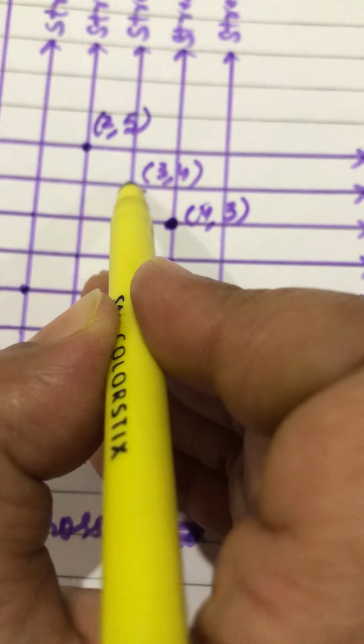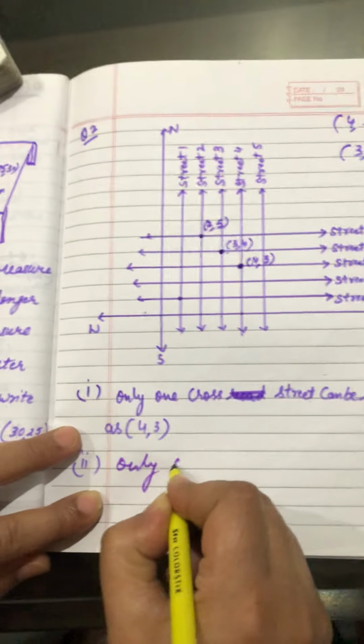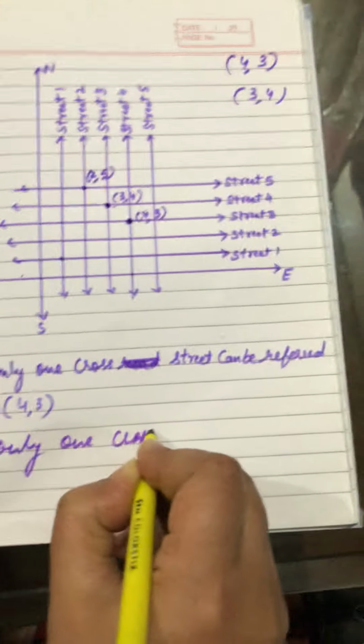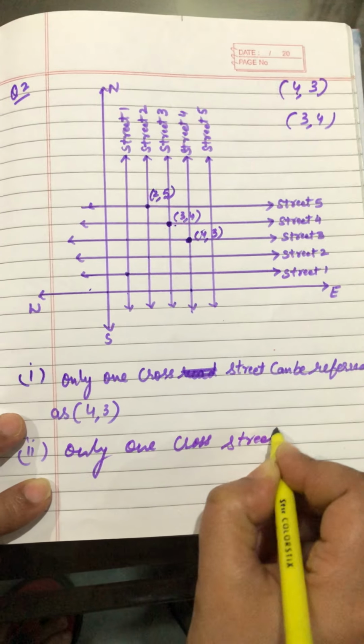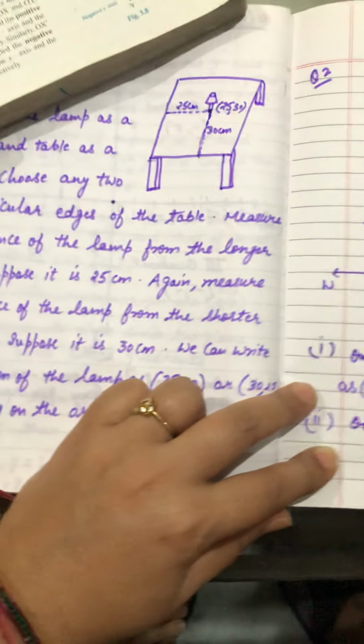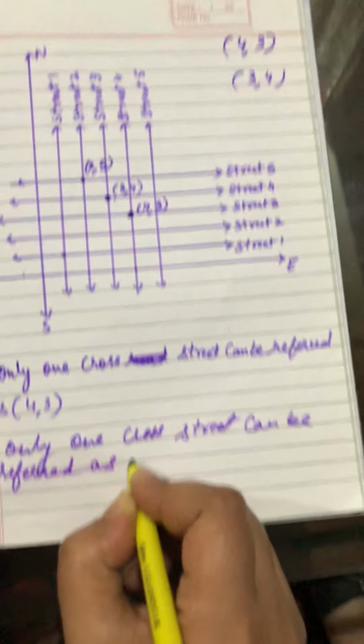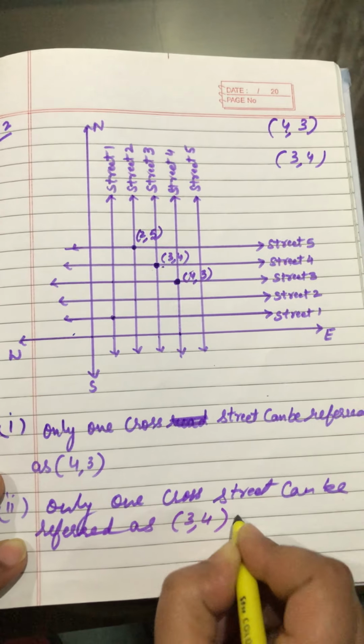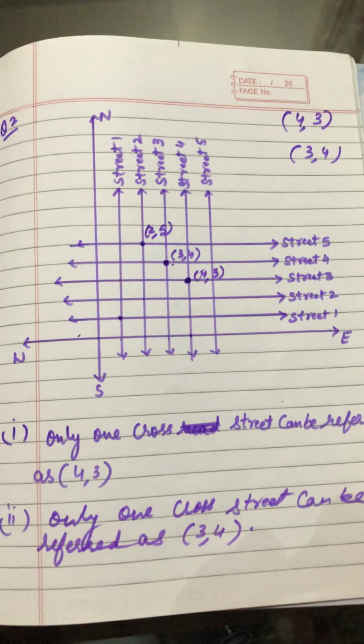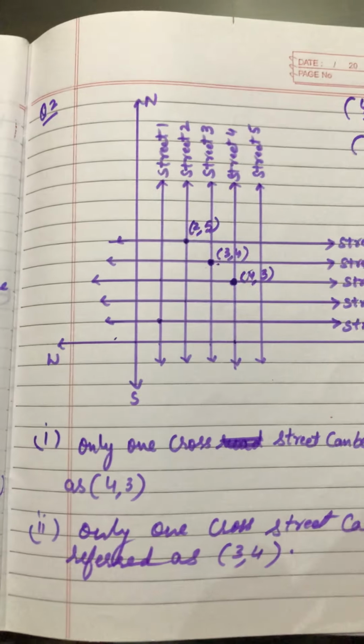As we can see, there is only one cross street. So again the answer is only one cross street can be referred to as 3, 4. So this is the answer of question number 2.